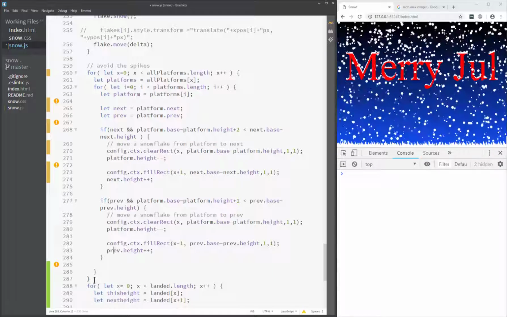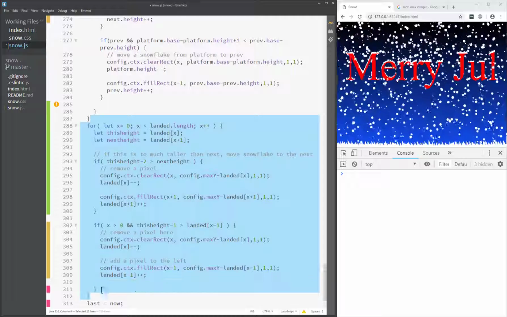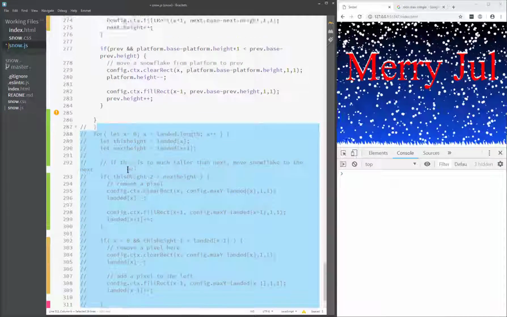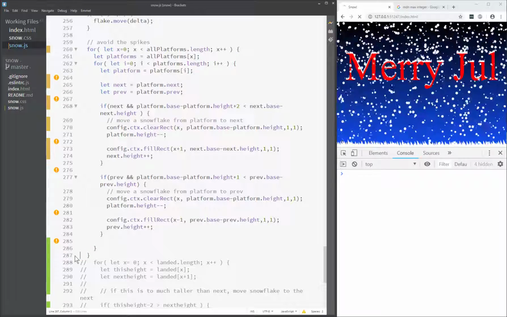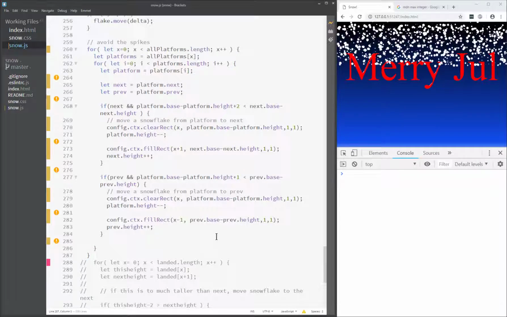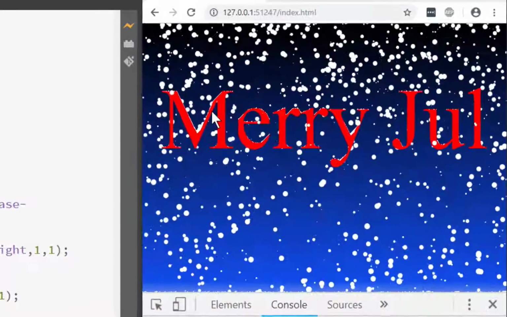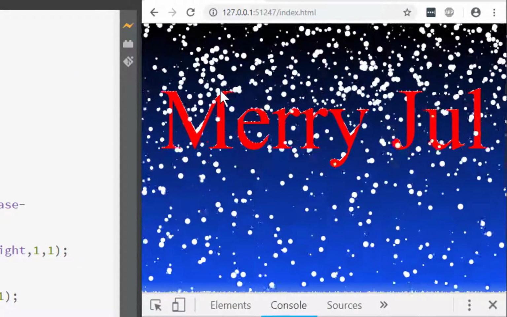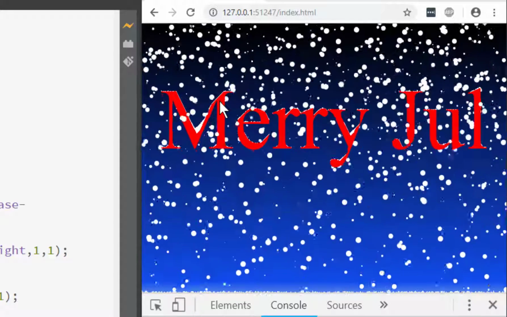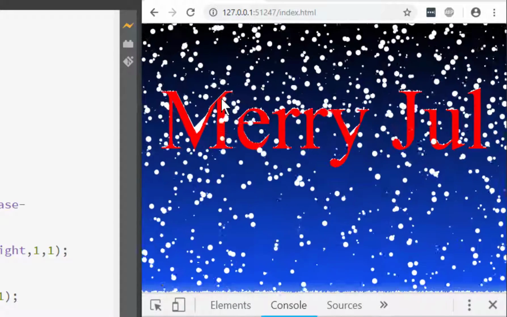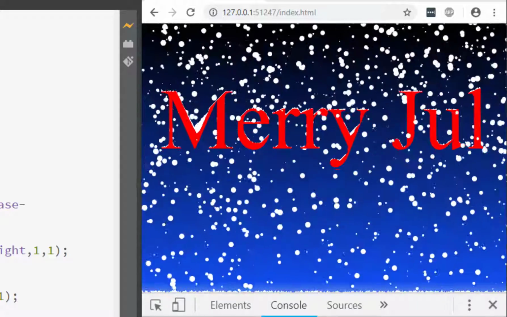So I'm just going to uncomment all this old stuff just to be sure it doesn't run. I don't think it does, but oh, something weird is going on. It looks like it's cutting into the letters themselves. Why is that?